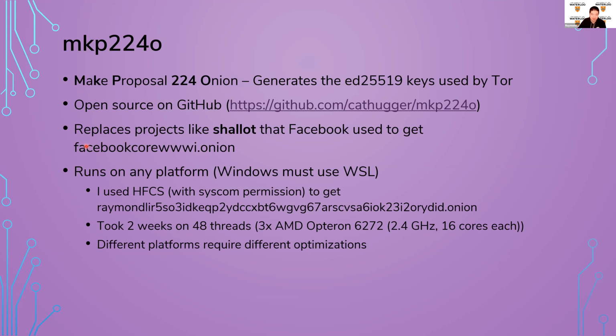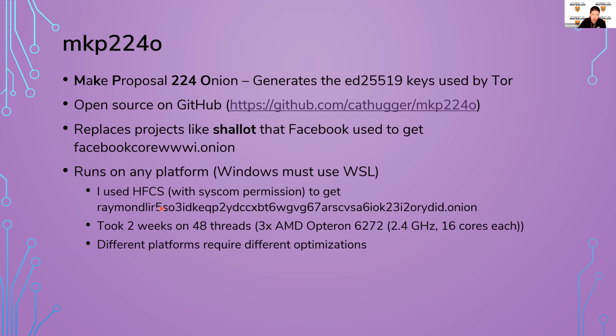They put the filter Facebook into the program called Shallot, and they got their onion domain. What I just did with HFCS, the computer science club server, in the past month or so, was use mkp224o to generate this domain, which I now use for my personal website.